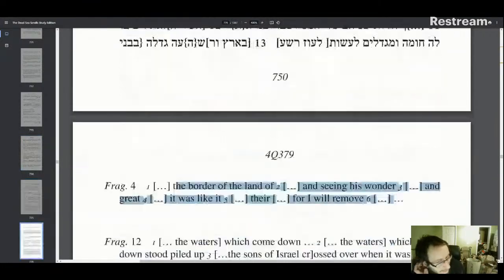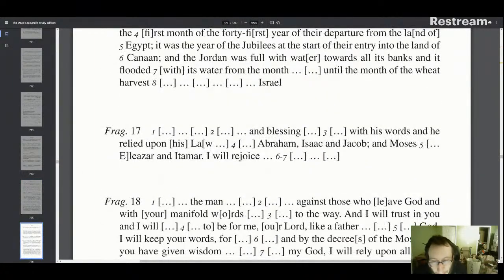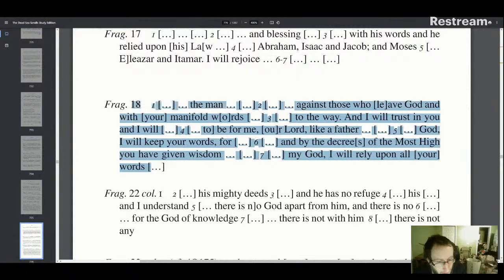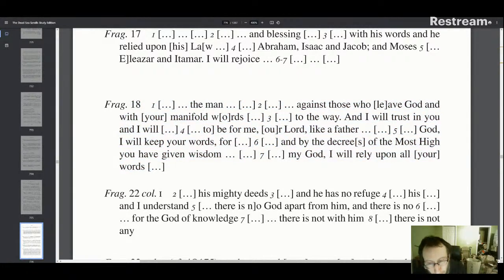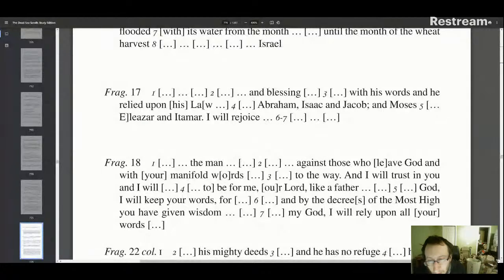Sometimes it's not 100% certain the fragment does fit with it. Same thing right here, although this could very well be, with mentioning Eleazar and Ithamar. Like this right here, there's nothing specific that's connected with Joshua. So the only reason to think that this is from the Joshua Apocryphon is if we can clearly see that it's the same scroll, if there's physical evidence that it's the same scroll.